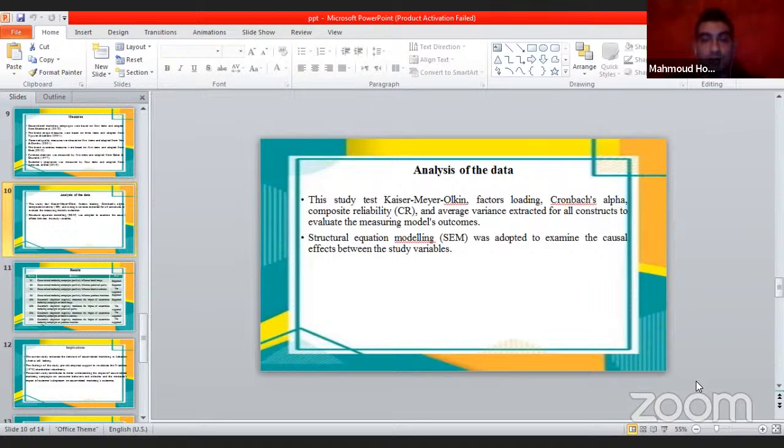Cronbach alpha and composite reliability results for the constructs were above 0.7, as recommended by Hayes 2017, which is appropriate for internal consistency, and the average variance extracted was above 0.5, which in turn emphasized the validity of the results of the instrument.